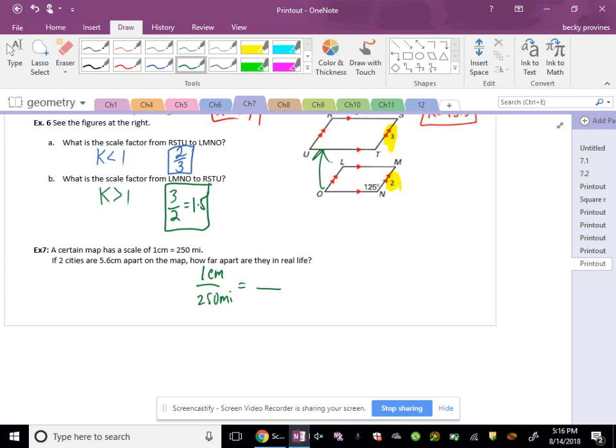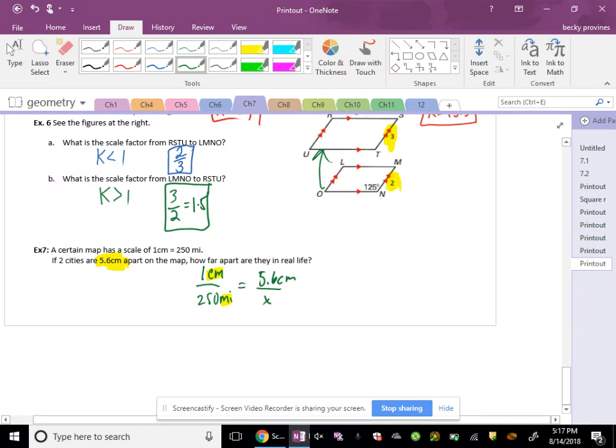Now, notice I labeled. Labeling is important. Notice I put the centimeters, I put the miles. Where should I put the 5.6 centimeters? If you labeled, it's really easy. The 5.6 centimeters goes on top, and your variable goes on the bottom.